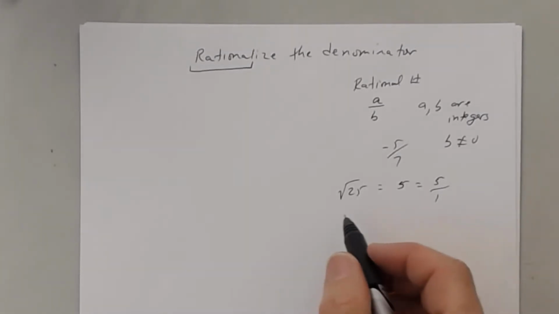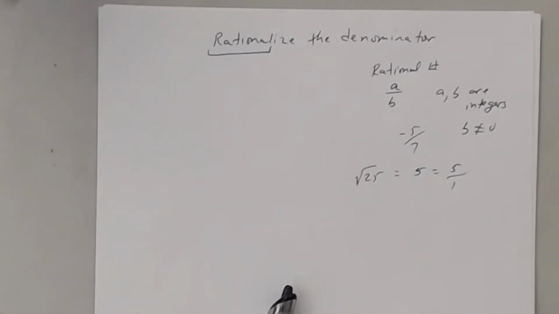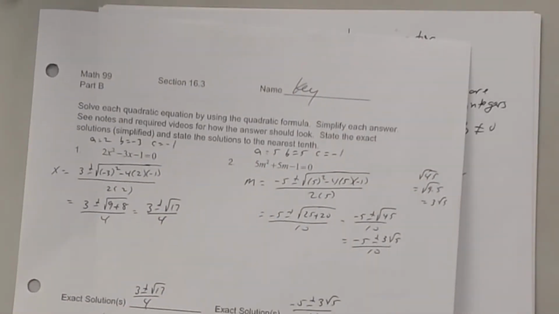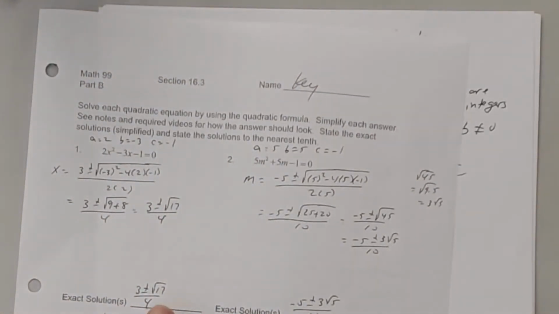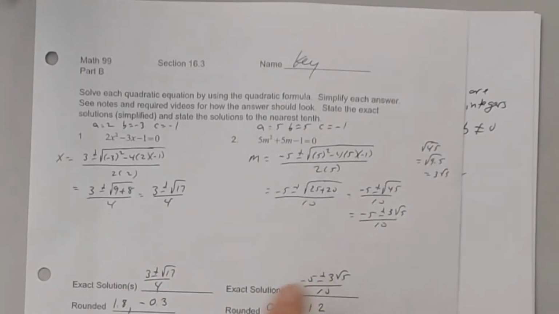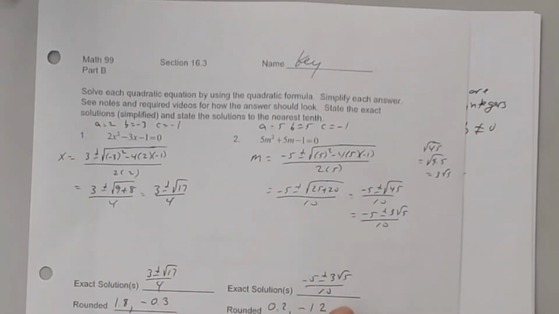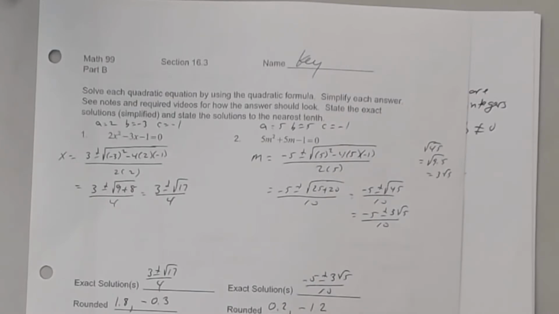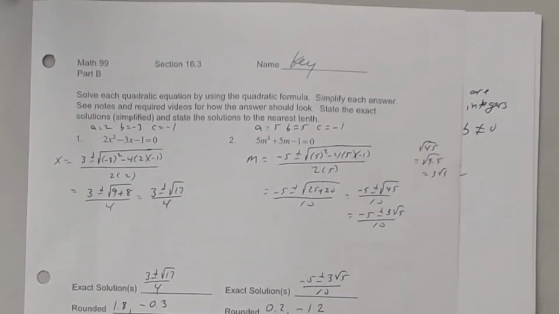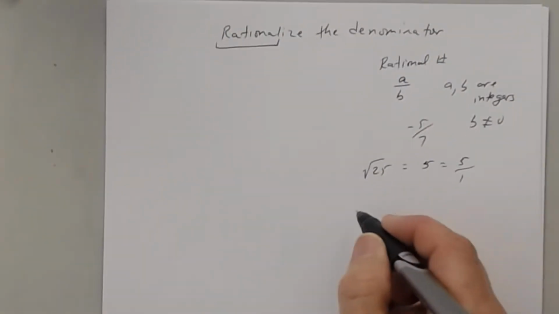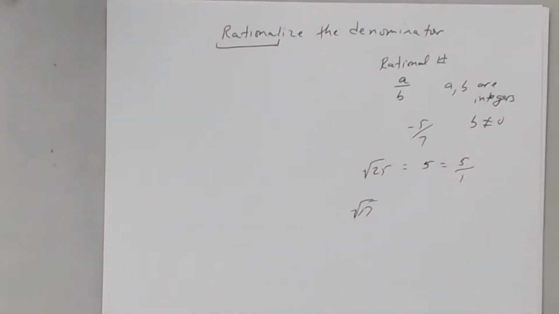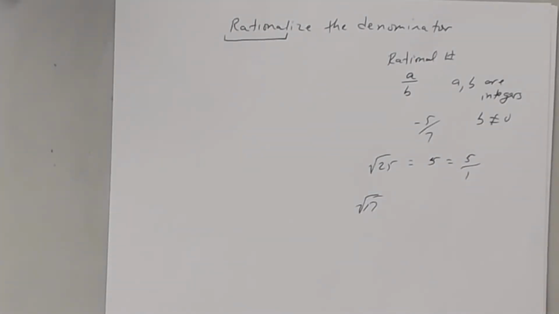But that worksheet that you turned in, this one here, are these rational or irrational numbers? Those are irrational. So the square root of 17, is that a rational or irrational number?